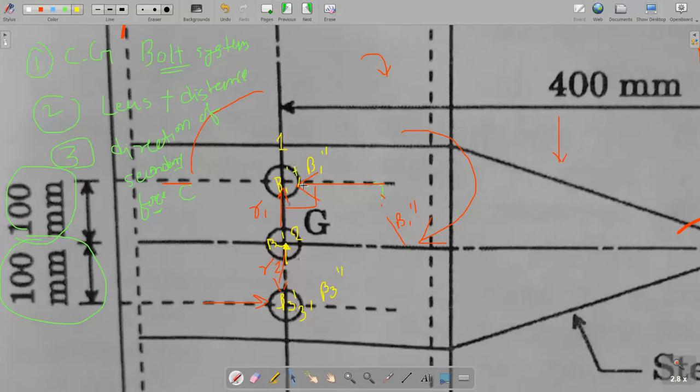So there is an addition, not a simple arithmetic addition but a geometric addition, by vector addition. These two are the largest, so we have to calculate the force for 1 and 3, not for 2.